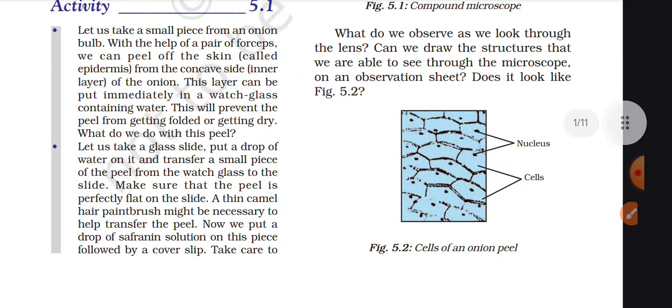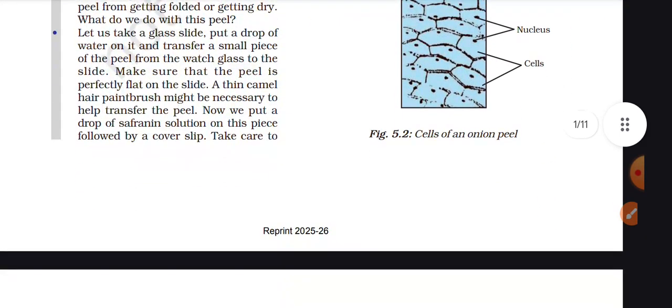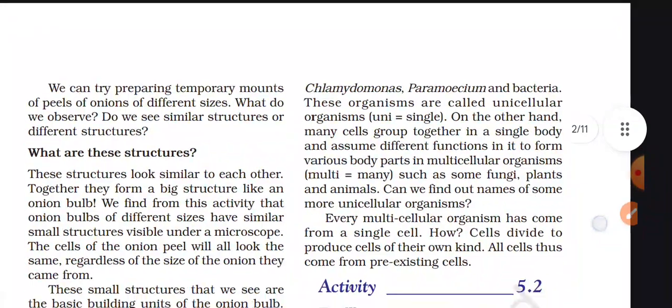What do we observe as we look through the lens? Can we draw the structure that we are able to see through the microscope on an observation sheet? Does it look like figure 5.2?